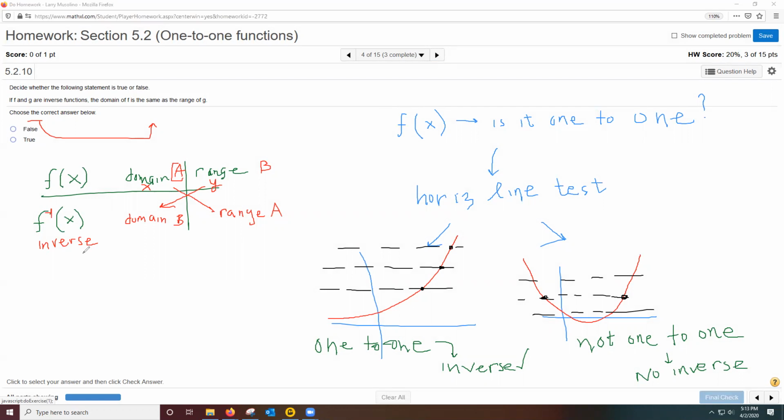I should call that f to the -1. If these were inverses, so what they're calling this is g, then the domain of f is the same as the range of g. Yeah, because we said if the domain here is labeled as a, it's going to flip to be the range of the inverse function. So this statement makes sense, it's true.